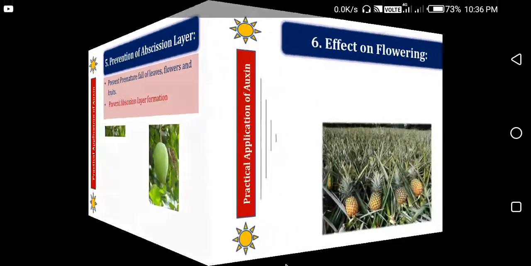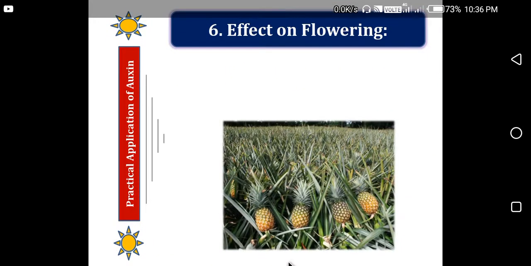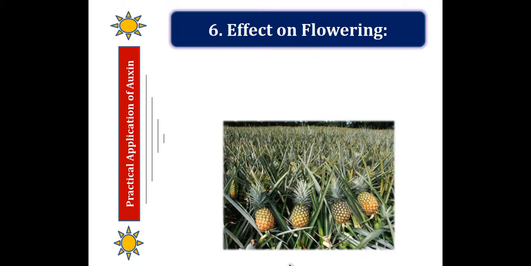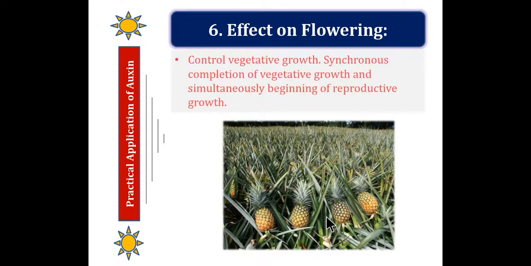The next application of auxin is its effect on flowering. The auxin takes an indirect part in the physiology of flowering by controlling the vegetative growth.